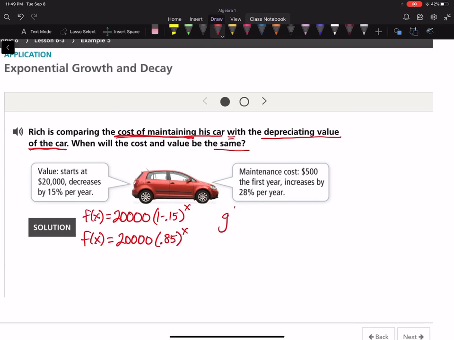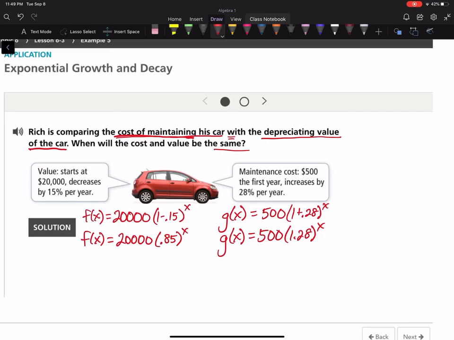G of x, I'm just calling it something different. This is the maintenance cost, so it's $500 for the first year, and it's increasing, so 1 plus 0.28 to the x power. So 500 times 1.28 to the x power.